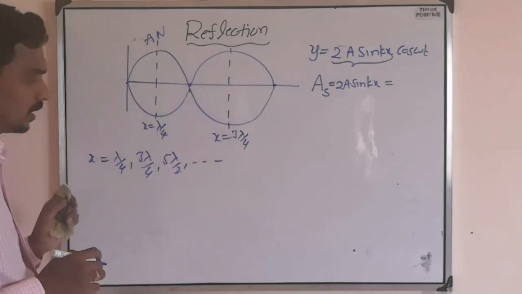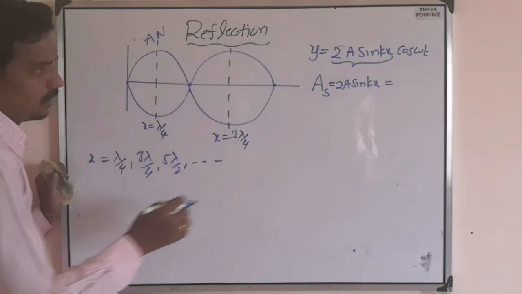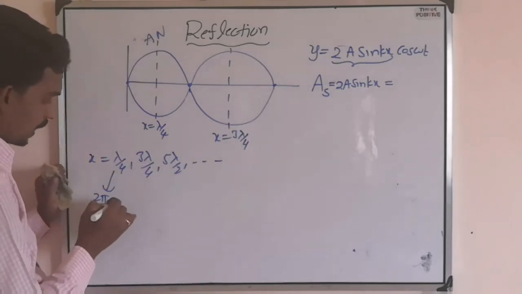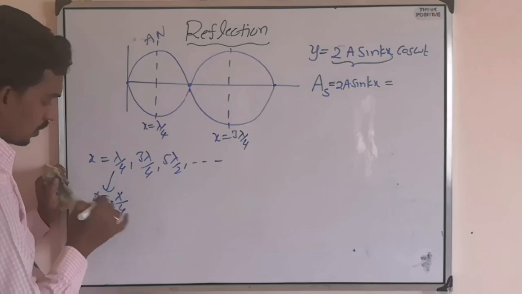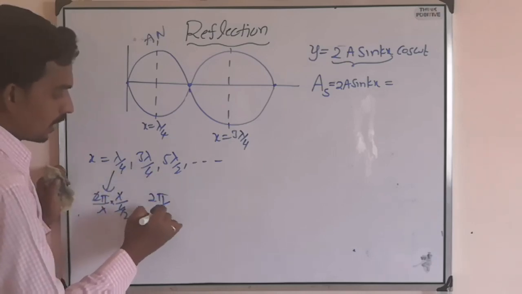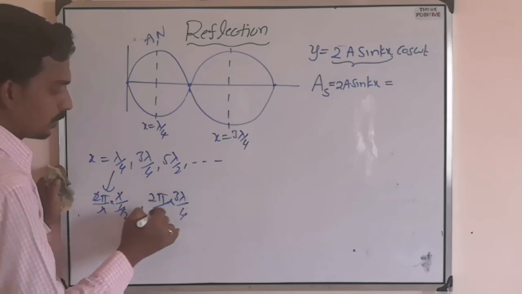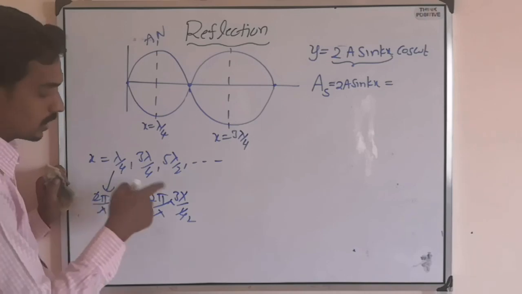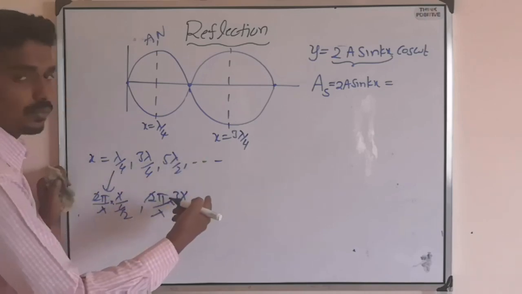That means the kx values will become, k is 2 pi by lambda, for lambda by 4, pi by 2. Then 2 pi by lambda into 3 lambda by 4, 2 twos are 4, so 3 pi by 2. First pi by 2, next 3 pi by 2, next 5 pi by 2.